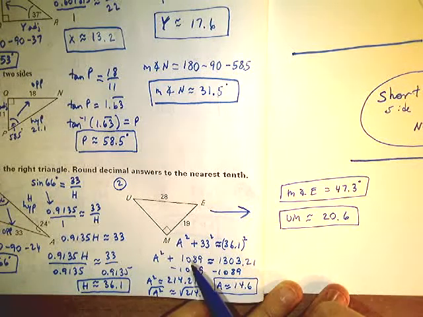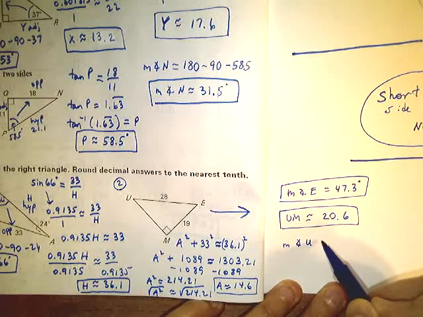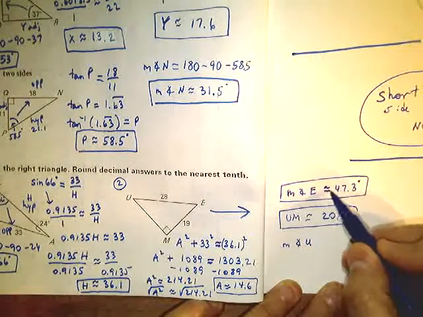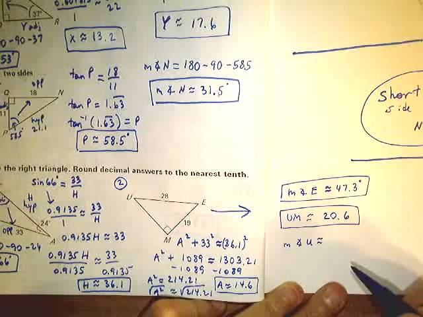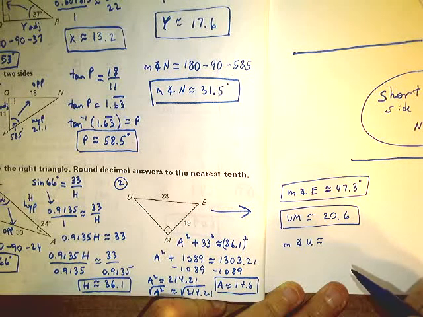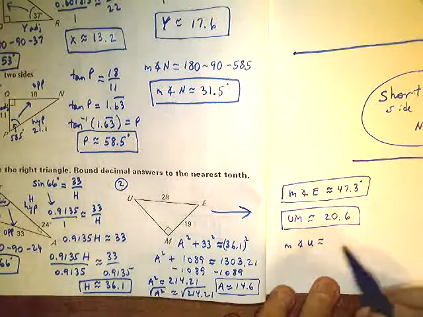And then the measure of angle U ends up being about 42.7 degrees.